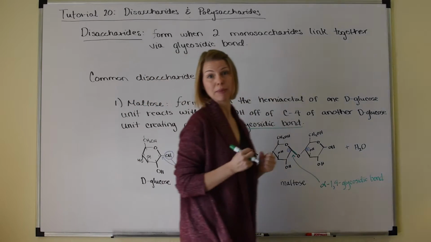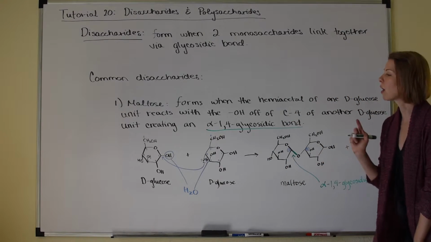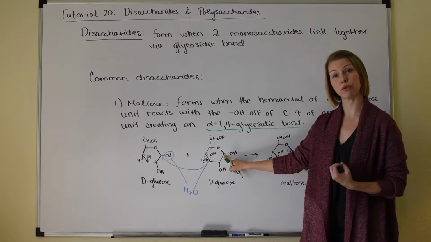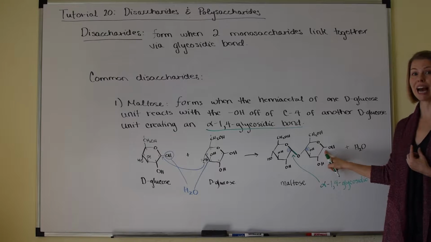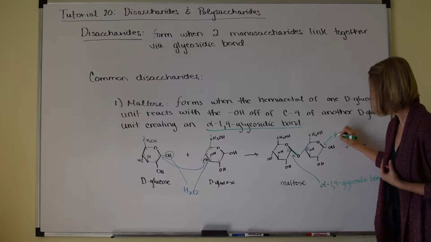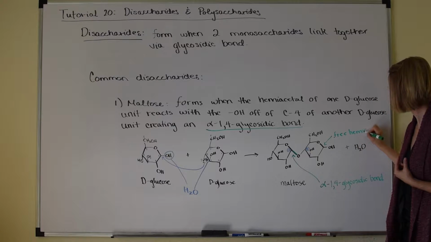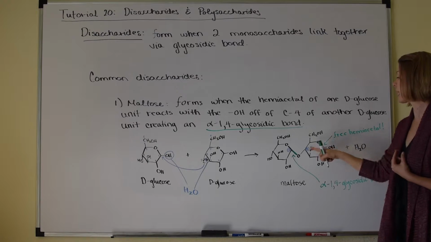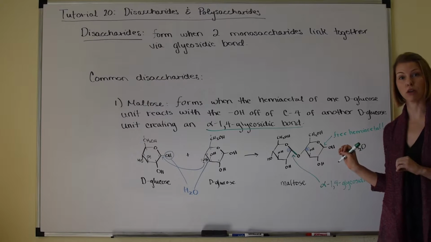It's no longer a free hemiacetal. It is an acetal. However, the hemiacetal of the second glucose unit is still a free hemiacetal. Okay, so let me label that here. We still have a free hemiacetal on the second glucose unit of the disaccharide maltose.